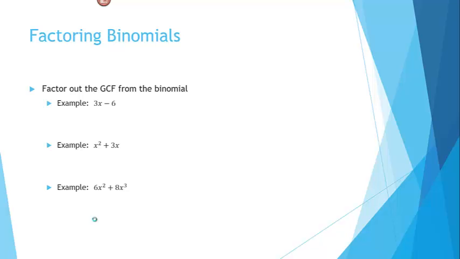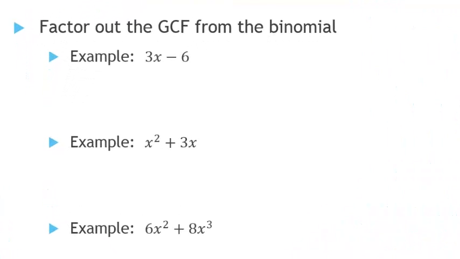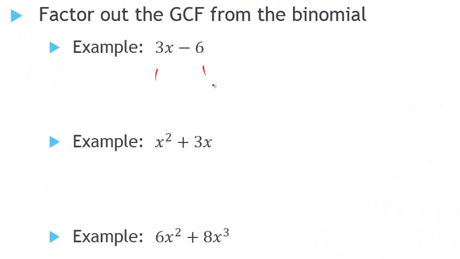Alright, so moving on. Factoring binomials, so equations with just two terms. Let's do the example of 3x minus 6. The factors of 3x are 3 and x. The factors of 6 are 3 and 2. So the GCF between these two is 3.